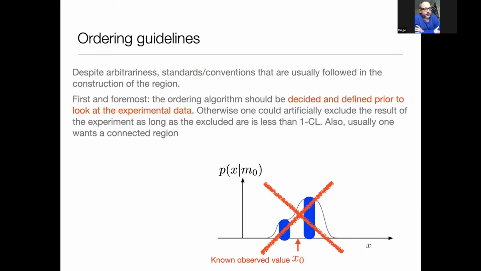So you probably notice, even if the procedure is a little bit complicated, that there is some arbitrariness involved here. One obvious arbitrariness is that there are many choices to choose a range of data X that yields an integral equal to the desired level of confidence.